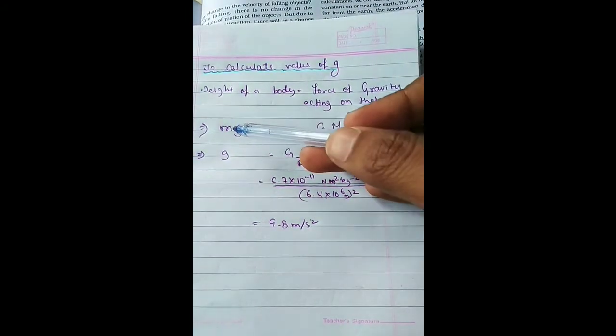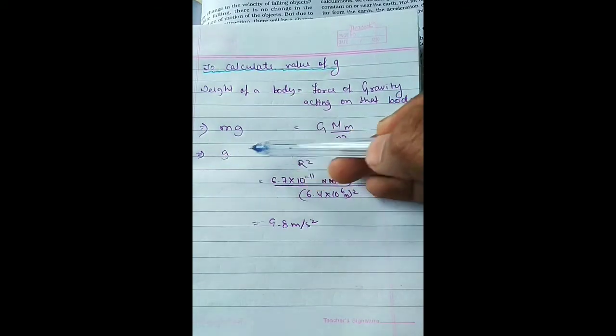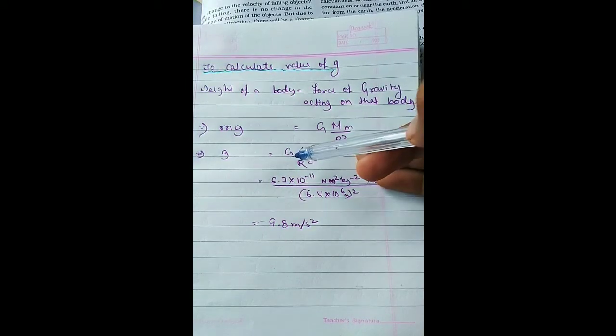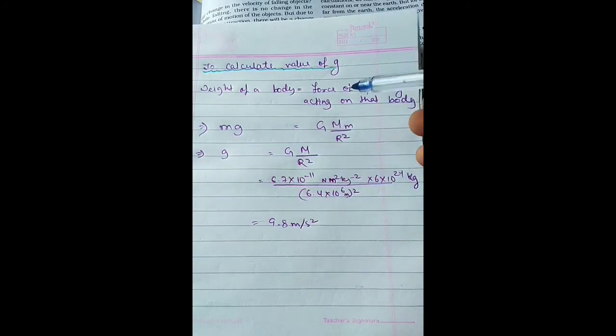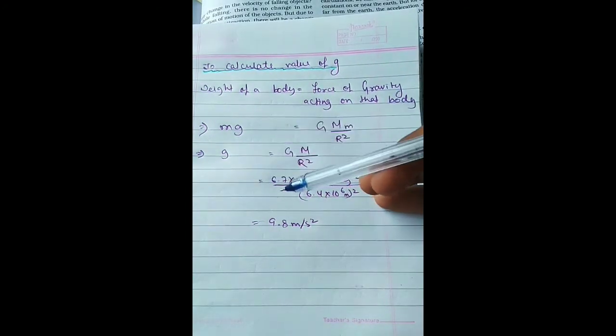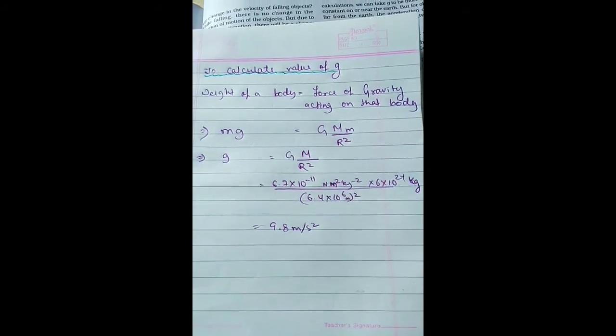Now we can see that small m is on both sides, so we can cancel it out and we will have g equal to capital G into capital M by r square. Now putting in the value of the universal gravitational constant G, the mass of earth and the radius of earth, we can find the value of small g, or acceleration due to gravity, and we will get 9.8 meter per second square.